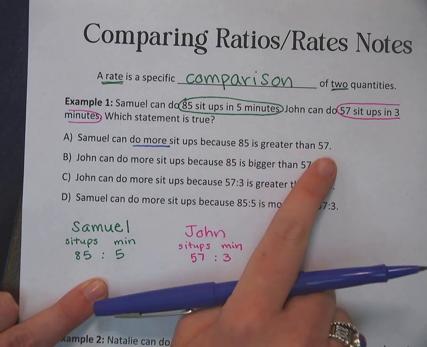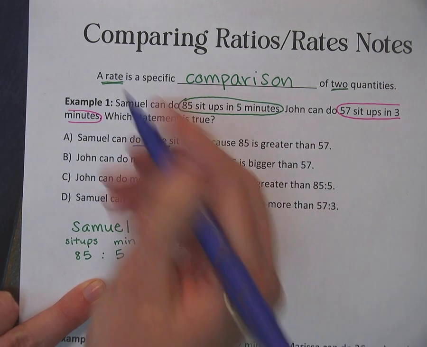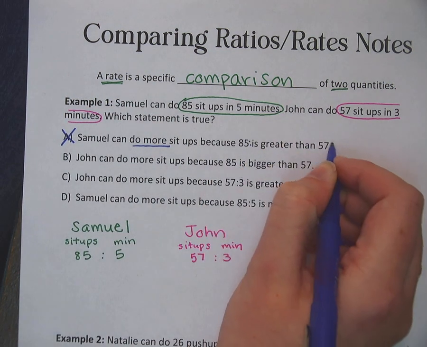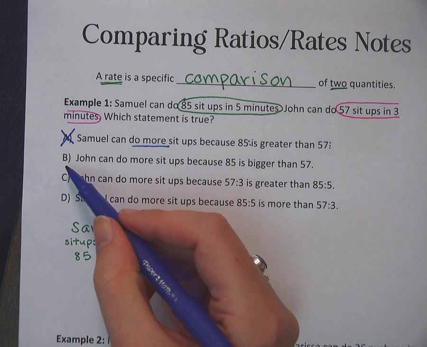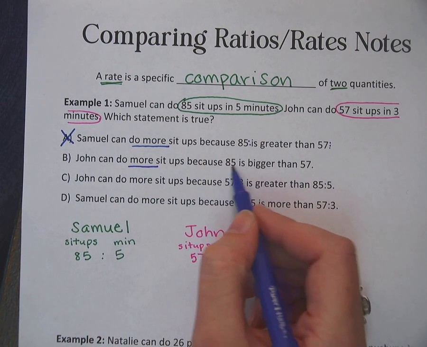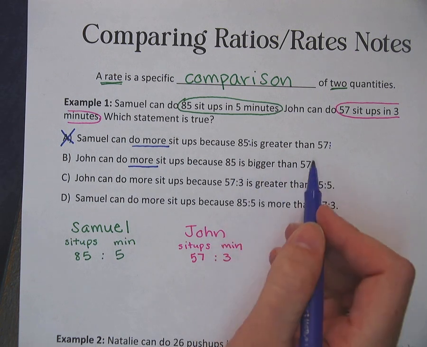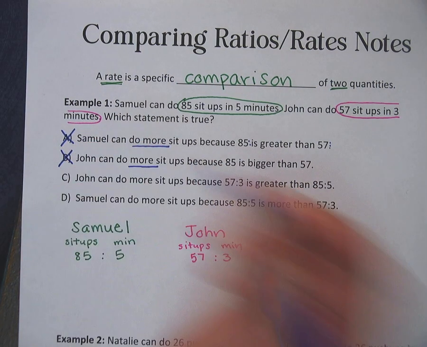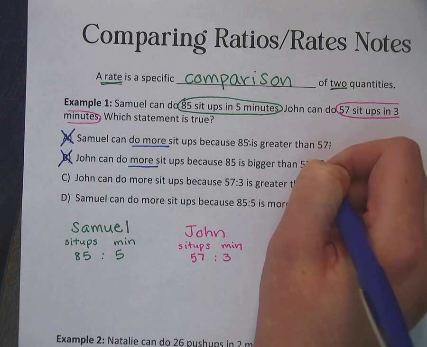So if they only use just one of the numbers from the ratio, that is automatically wrong because we need the rest of that ratio. So let's look at B. John can do more, so they want John because 85 is bigger than 57. Again, they only just used 85 and 57. They did not use the whole ratio, so that one is out. We need the ratio in both of those.